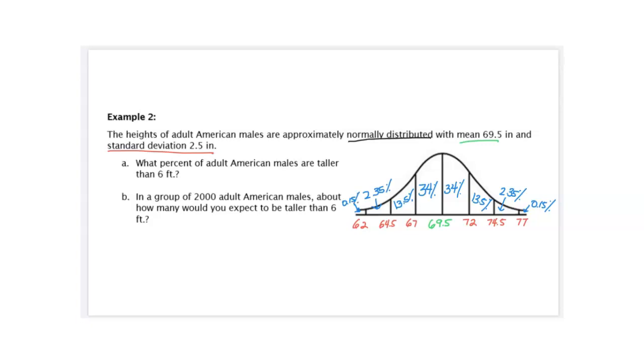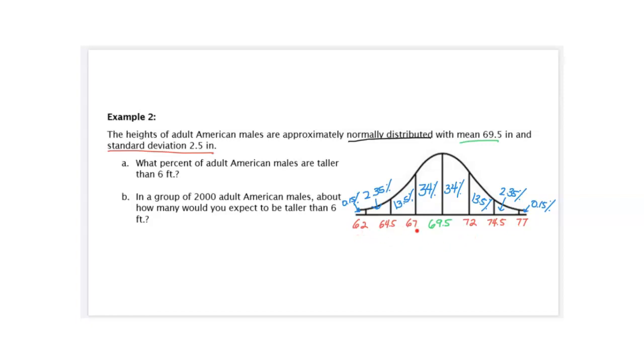All right, so looking at our very first question, what percent of adult American males are taller than 6 feet? Well, first off, if you're looking at your curve, we have 62, 64.5, 67, 69.5, 72, 74.5, and 77. I don't see a 6 feet here at all.